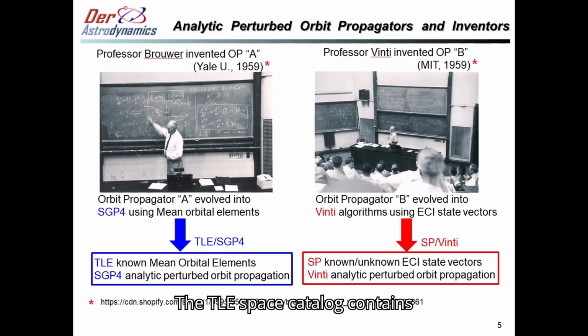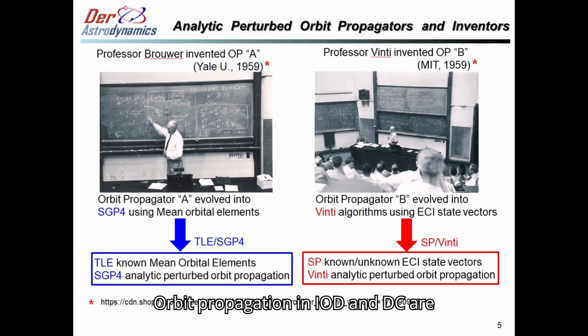The TLE space catalog contains known objects with their mean orbital elements. Therefore, the combination of TLE HGB4 can only process known objects for catalog maintenance. Unknown objects or UCTs have no TLEs until after successful UCT processing of observations of the unknown objects to produce new or candidate ECI state vectors, and then TLE conversion if desired.